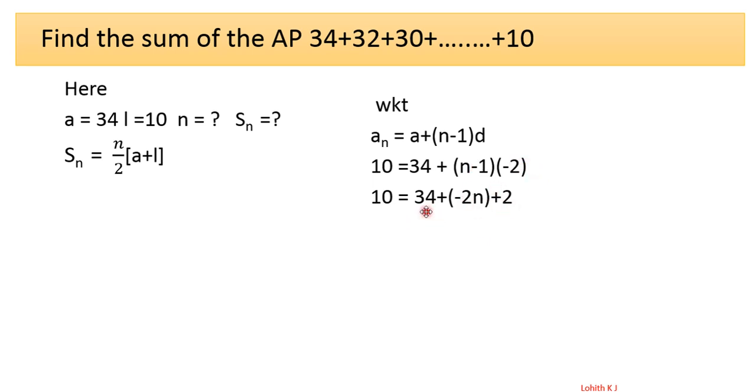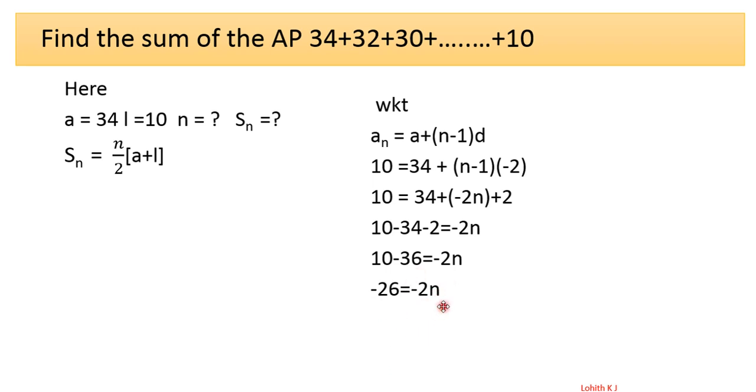So 10 = 34 - 2n + 2. Both 34 and 2 are constants, so I shift them to the left-hand side, and when they move to the other side the sign changes. So 10 - 34 - 2 = -2n. Now 10 - 36 = -2n, so -26 = -2n.